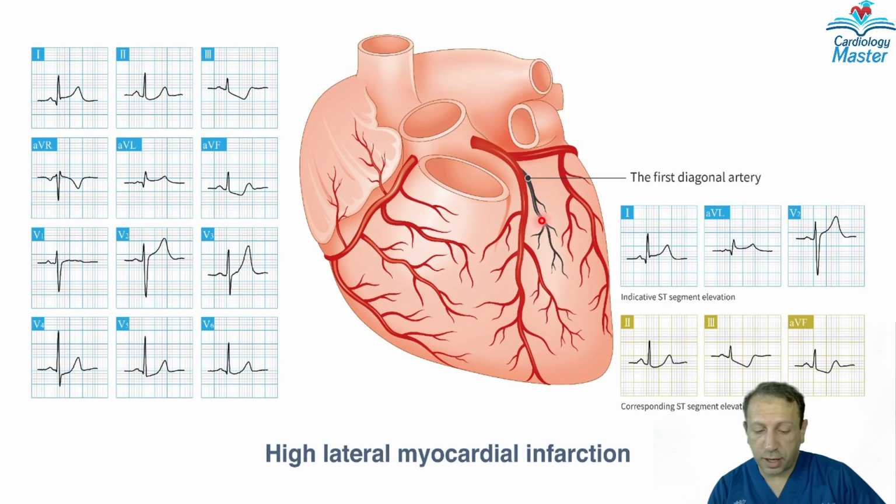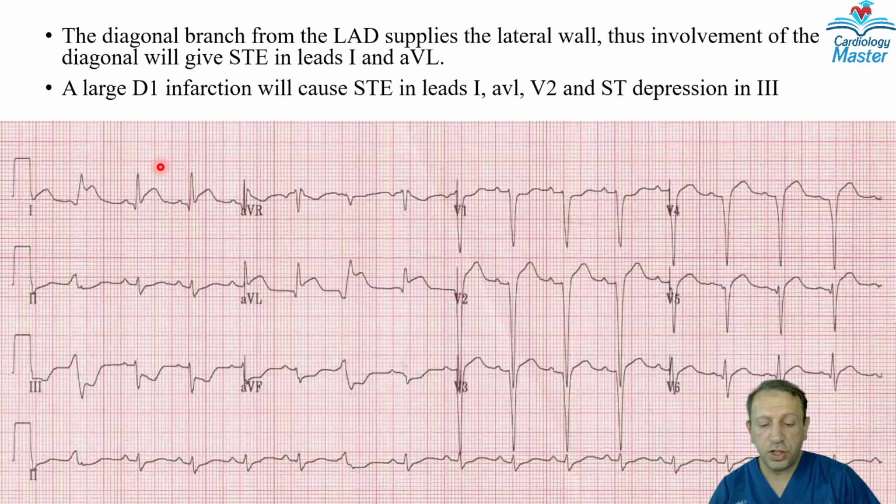When the diagonal branch is affected, this is called a high lateral myocardial infarction, and it will result in ST elevations in lead 1 and aVL, as you can notice. This is an ECG from a diagonal branch that supplies the lateral wall. The involvement of the diagonal will cause ST elevation in leads 1 and aVL. Reciprocal changes can appear in the inferior leads.